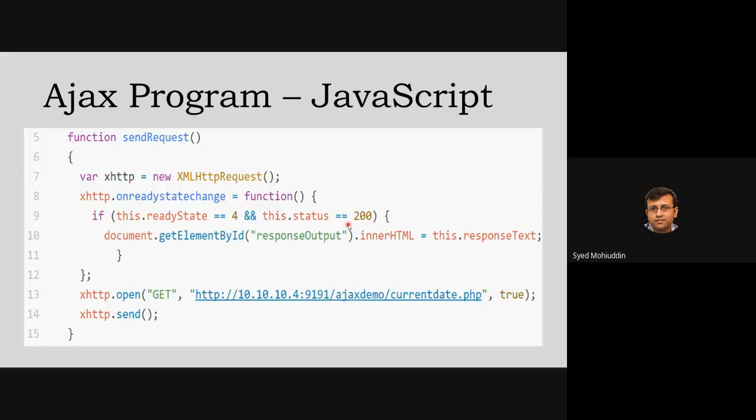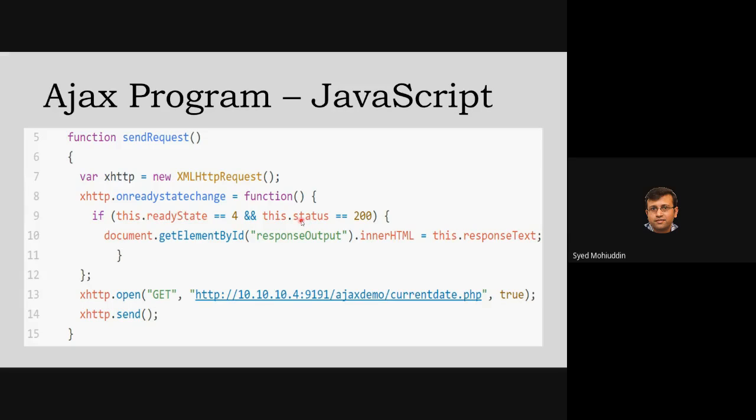503 is what you call internal server error. But a 200 series status code for an HTTP response means that the response is proper. We have received the correct response. Once we have received the correct response, there is the ready state and status.